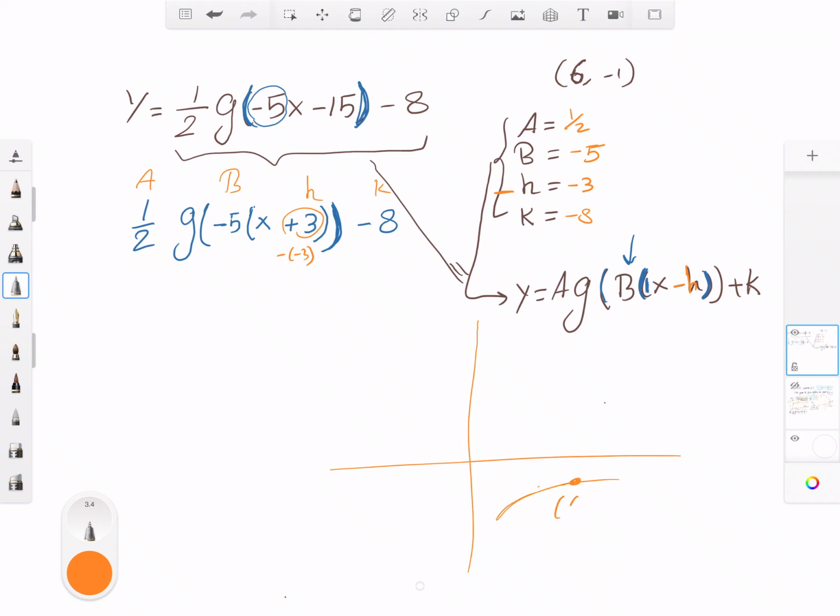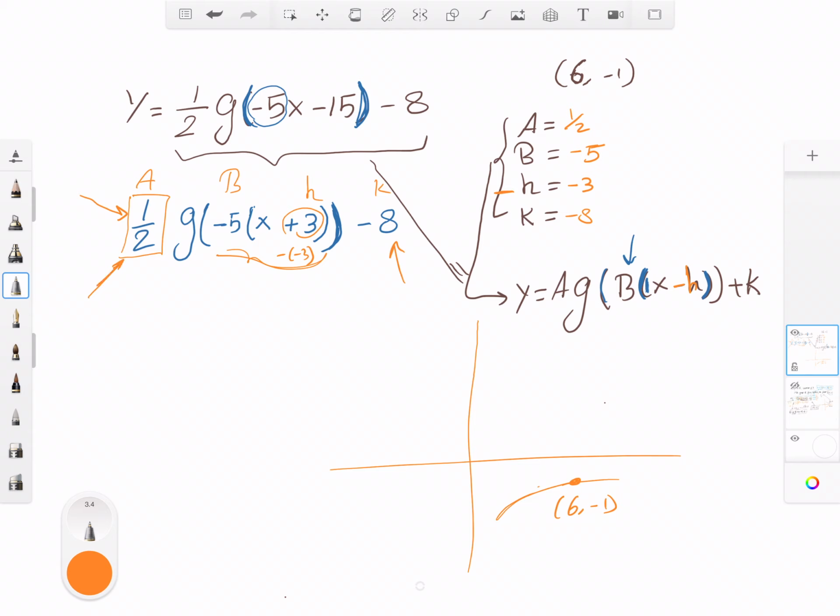So we have a point. This is a graph. This point is (6, -1). We apply 1/2. This 1/2 is outside of the function. Outside applies to the y value, inside applies to the x value.